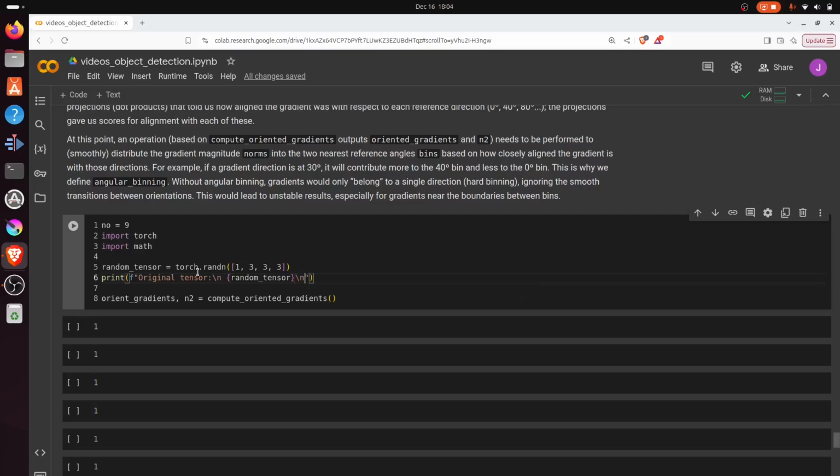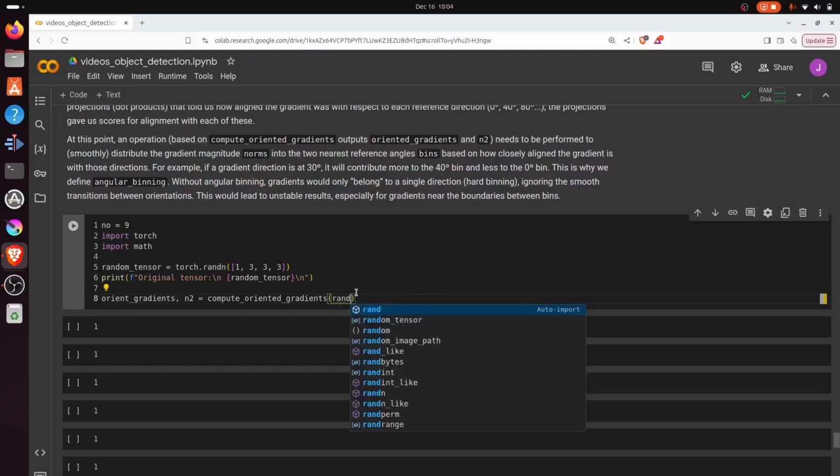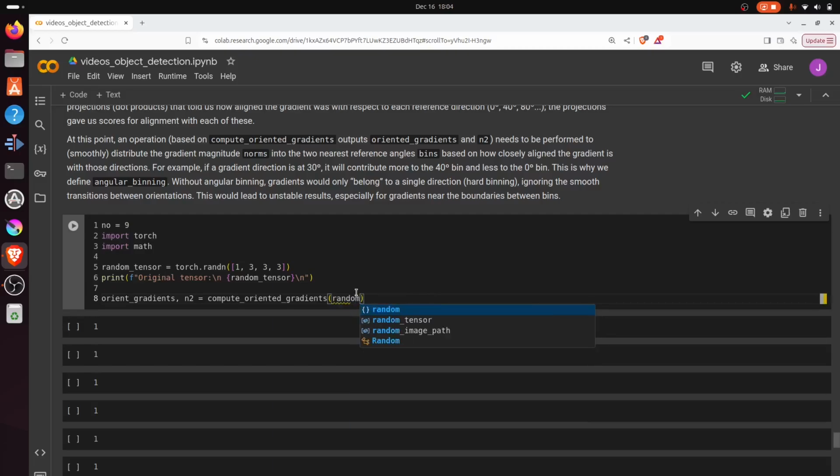Great, that works out. So now we can call the function for the random tensor. Run this right there, and now let's see what happens.